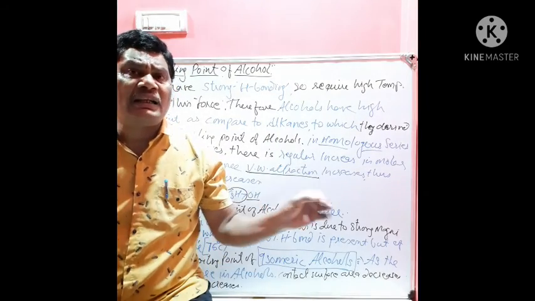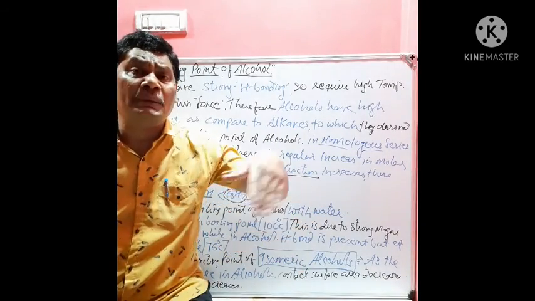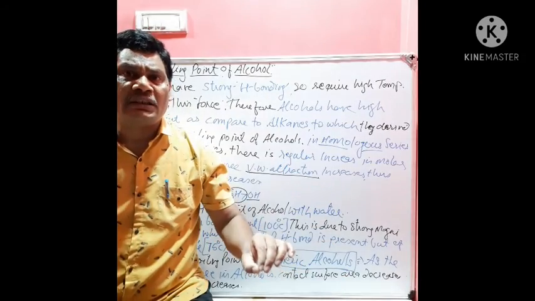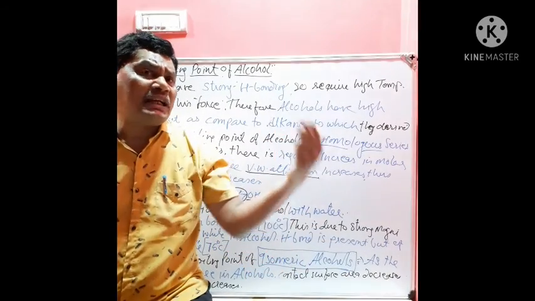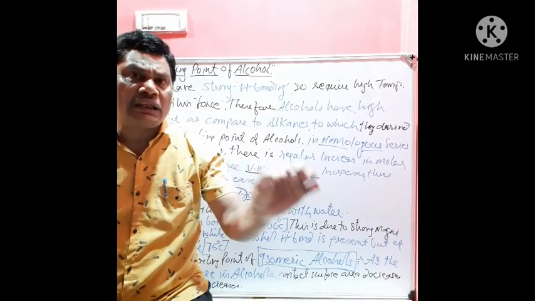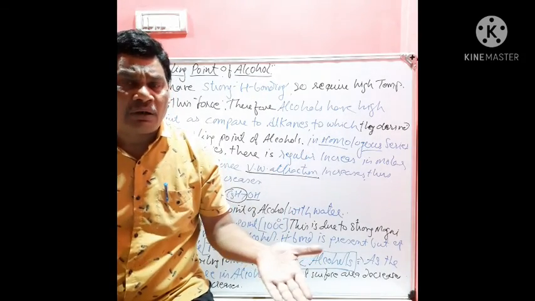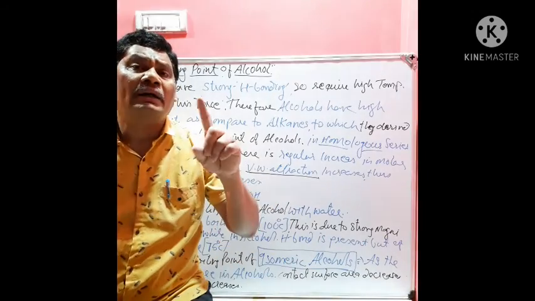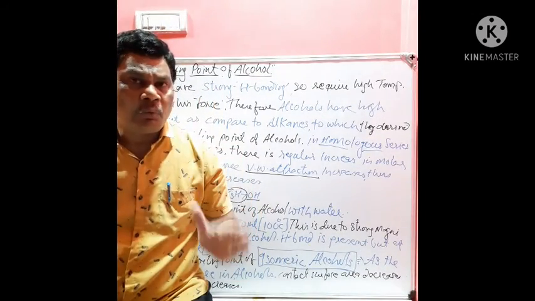Okay, we cannot discuss the boiling point of C4H9Cl with CH3OH. In C4H9Cl, there is dipole-dipole attraction force. In CH3OH there is hydrogen bond. So can we say the hydrogen bond will having high boiling point? In fact what? No. Why?